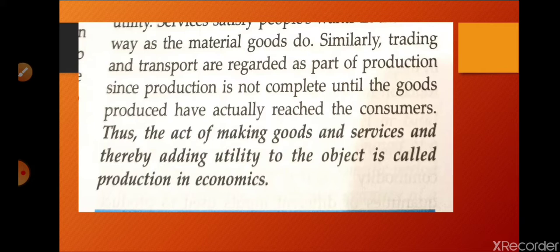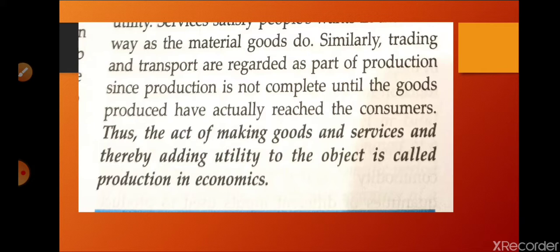If you are teaching your brother or sister, then it is not production, but if you are teaching street children and charging money, that is production. If a lawyer is going to argue a case, that is production. If a doctor is taking a fee for consulting a patient, that is production.